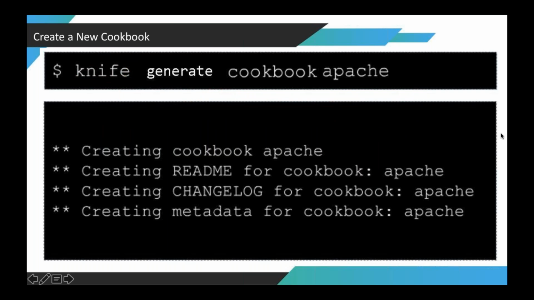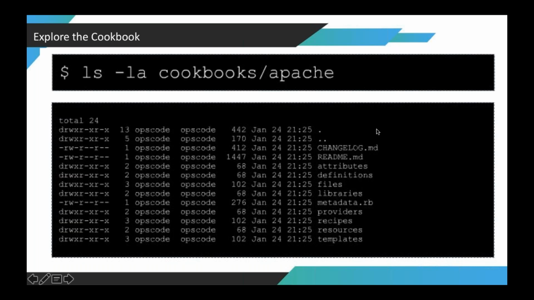It's going to generate the schema basically. You can think of it as the schema, how we are going to organize our code, that will be generated by this command. And when we run this, we will have a cookbook where we have attributes, resources, templates, all of these pre-created folders for us, and we can start putting our code inside this cookbook to create the Apache solution for the problem that we are having.